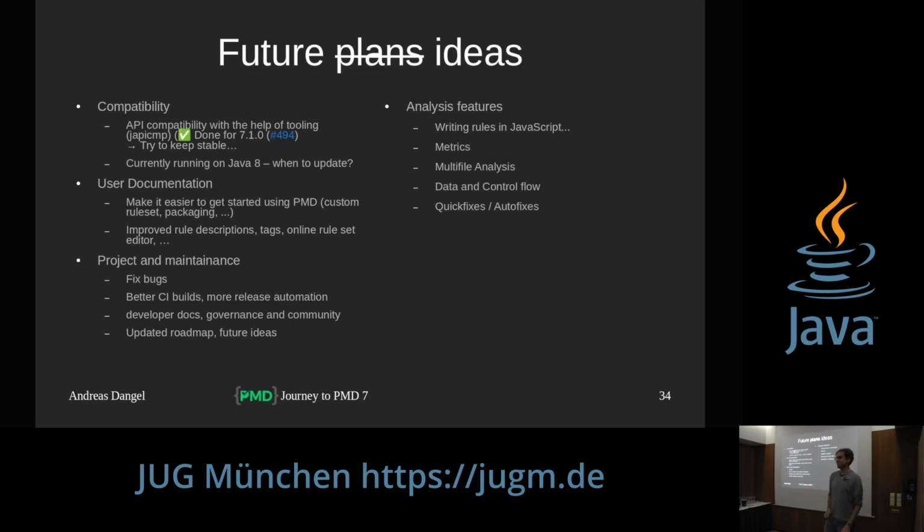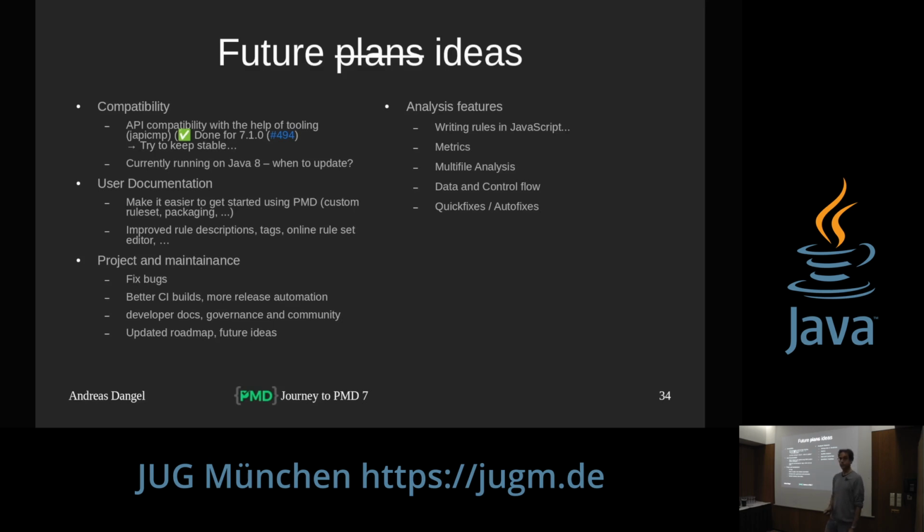But JavaScript, they know. And it's actually not that difficult to make this possible. Then it's a bit easier to share the rules, because you don't need something compiled like if you have written it in Java.